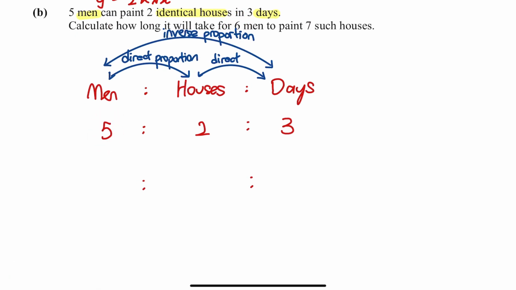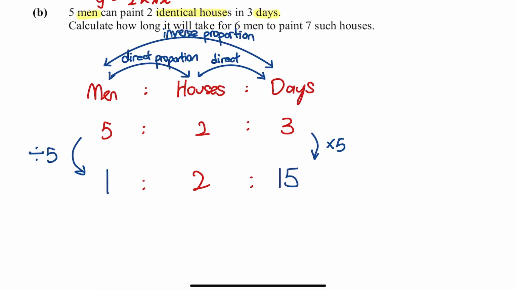So over here, let's keep houses constant. If I want to get 1 man, means here I divide by 5. Since men and days are in inverse proportion, if the number of men becomes smaller, number of days will increase. So by proportionate value, this will be times 5. Number of days will become 15 days.